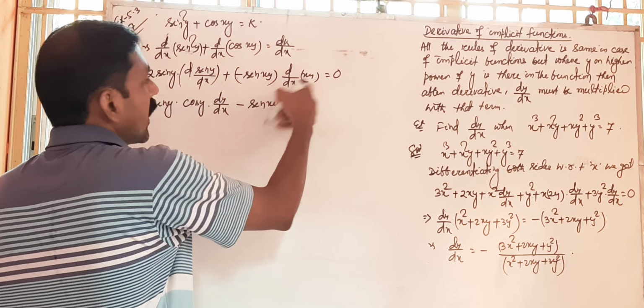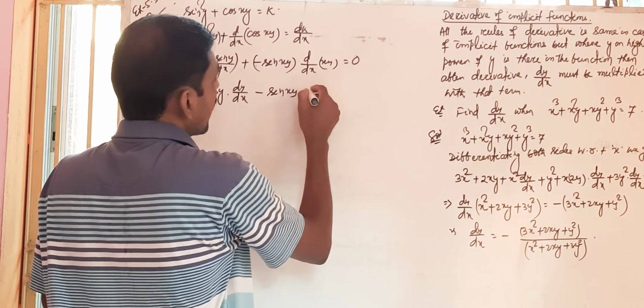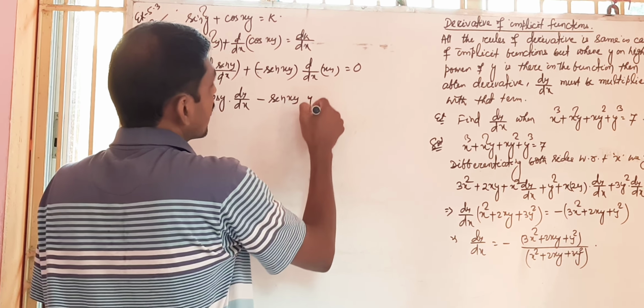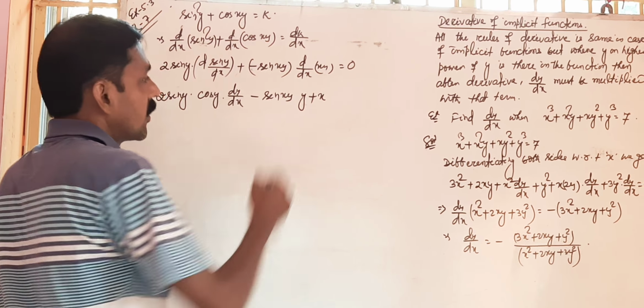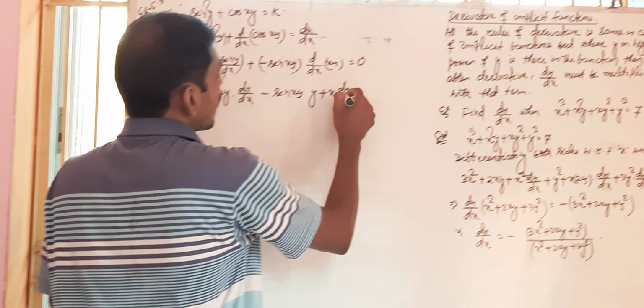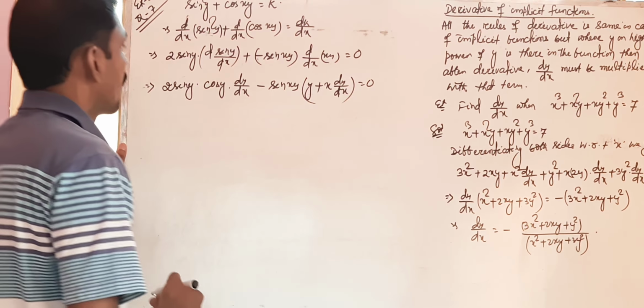Minus sin xy. Now the product rule for the derivative of xy. The derivative of x is 1 into y, that is y, plus x into the derivative of y, dy by dx, equal to 0.